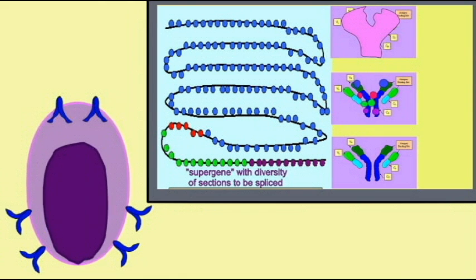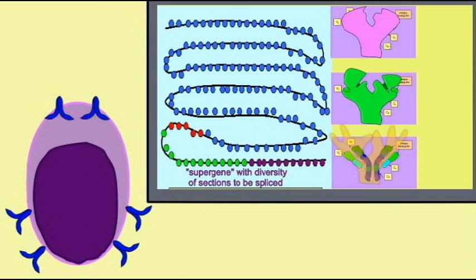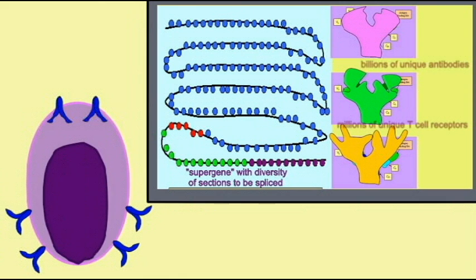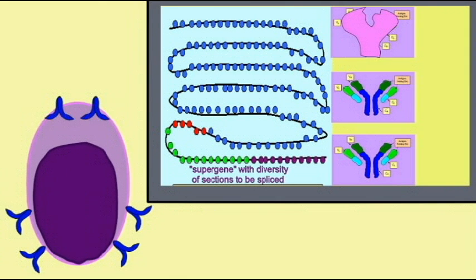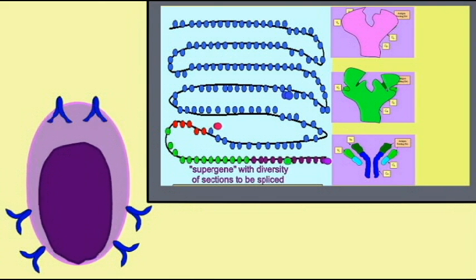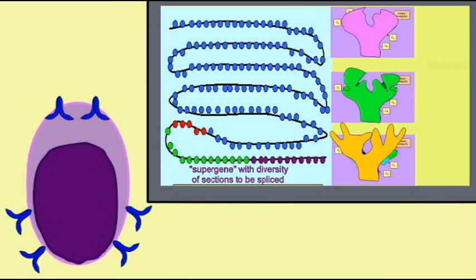And so one B cell line will attach certain segments and form antibodies with a specific shape which recognize, say, the molecules on the surface of one microbe, while a different B cell line uses a different combination for a different antibody shape that then recognizes a different microbe. And so by shuffling the parts of antibodies, we create billions of potential forms of these antibodies and great ability for our immune system to respond against specific antigens.